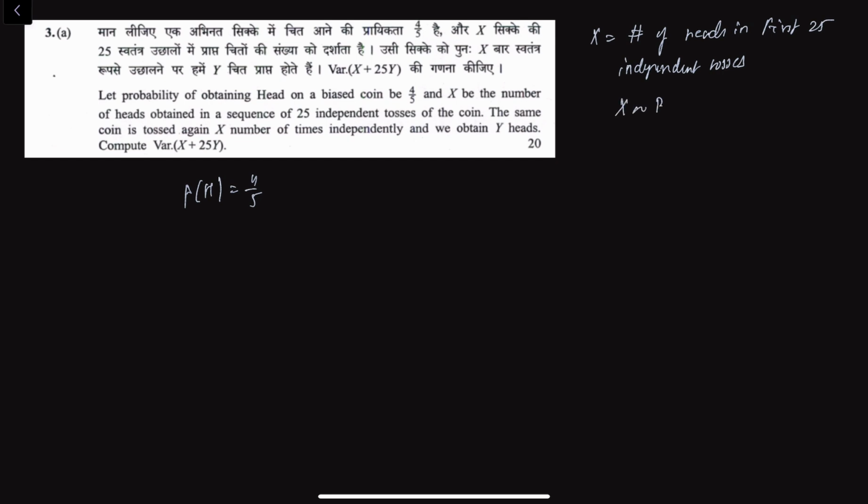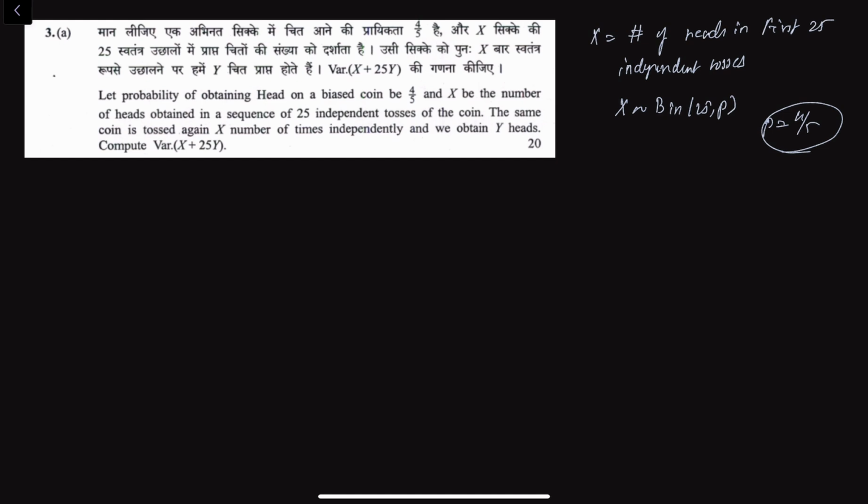So the probability of head is given to us, that is 4 by 5. And X is the number of heads in the first 25 independent tosses. So that means it's like the number of successes in Bernoulli trials. So X follows Binomial(25, p), and this p, the probability of head, is given to us as 4 by 5 already.